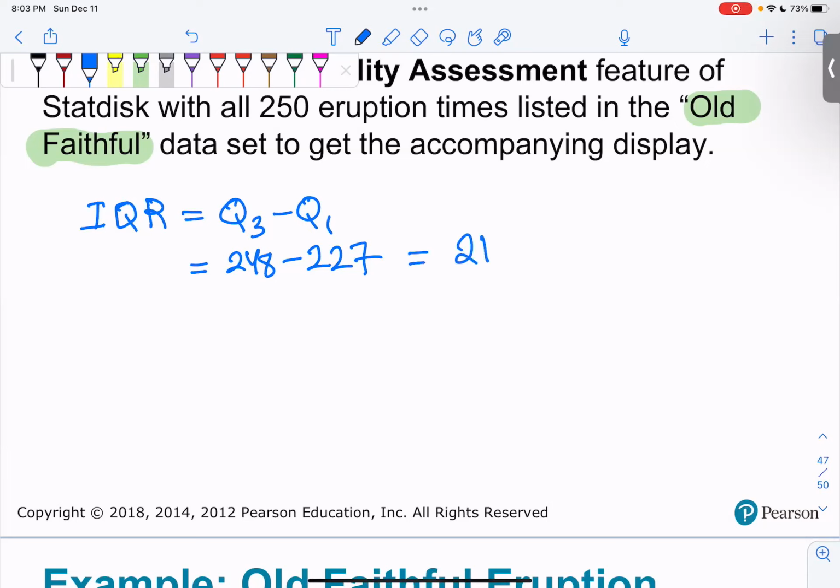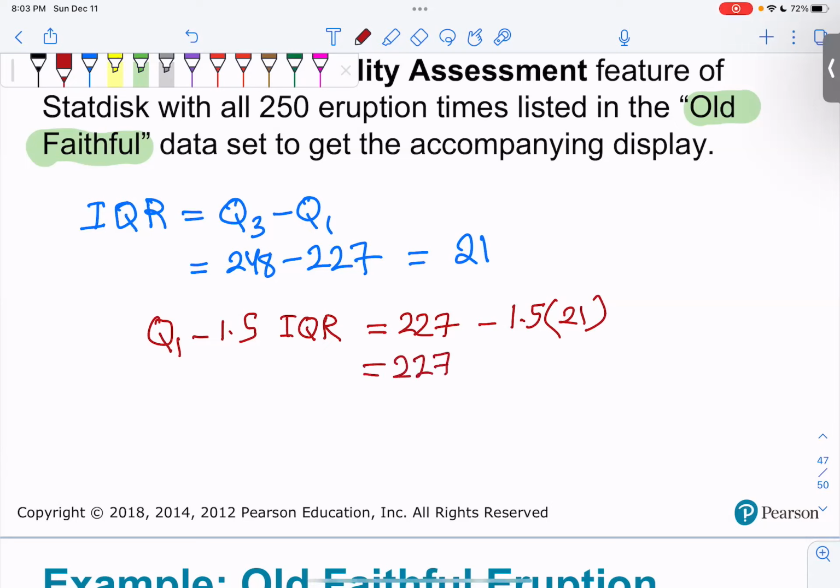So now, any value less than Q1 minus 1.5 IQR, which is 227 minus 1.5 times 21, so it will be 227 minus 31.5.